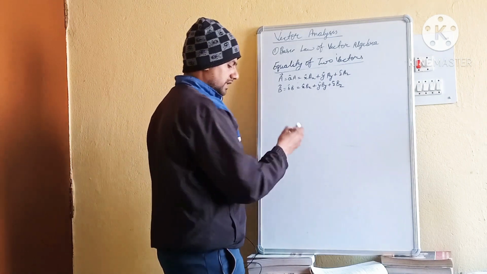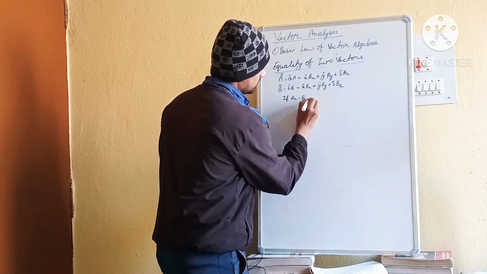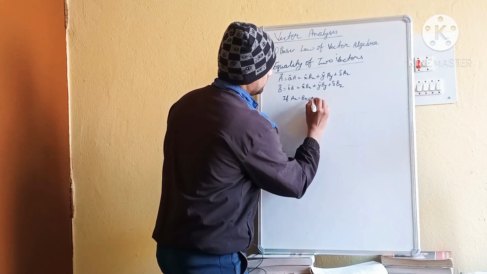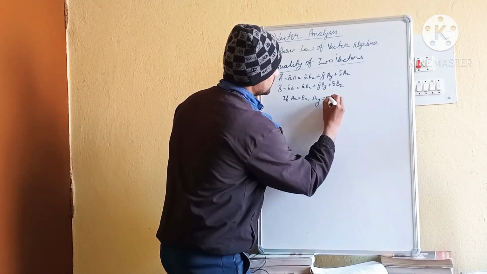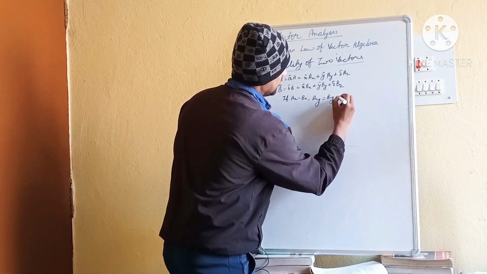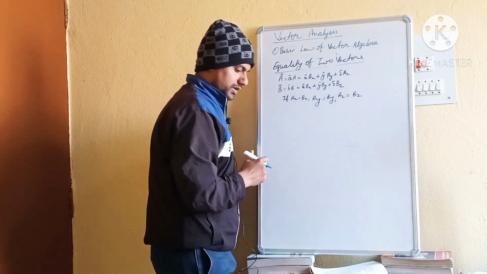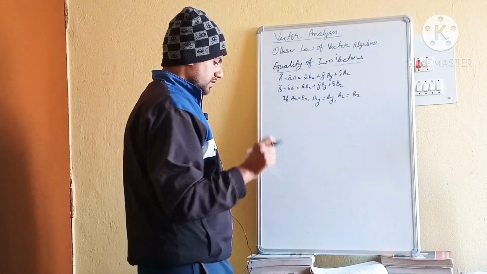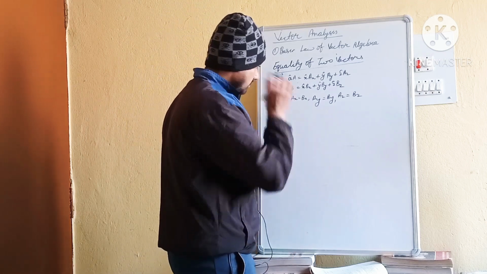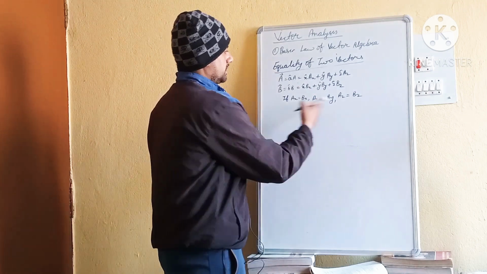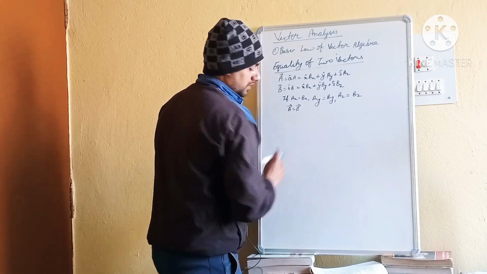It means the condition is that ax equals bx, ay equals by, and az equals bz. So if the components of these two vectors are equal, we can say that vector A equals B.